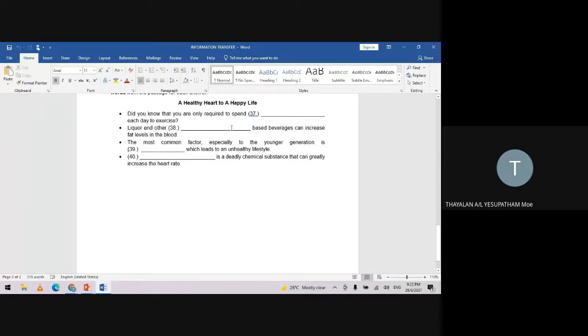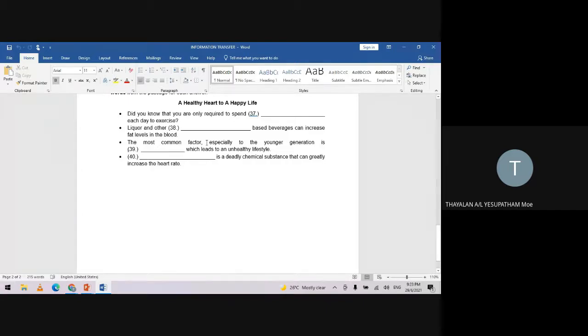Liquor and other alcohol-based beverages can increase fat levels in the blood. This is what I told you by changing the form of the word. Alcoholic is an adjective. You've got to change it to alcohol, which is a noun. Understand?